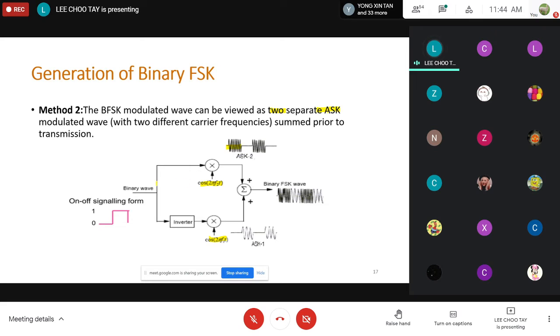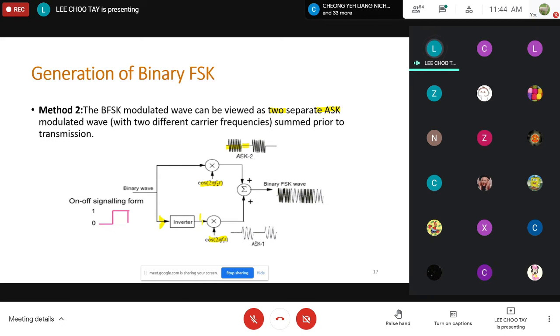But if we are transmitting a 0, if you send it to this carrier, 0 multiplied with this will give you 0 output, isn't it? Which is this one over here. But a 0 will actually use this path, the second ASK modulator, to modulate the second carrier. So we pass this digital information through an inverter. The output of the inverter will invert the input signal, so a 0 will become a 1 here, correct?